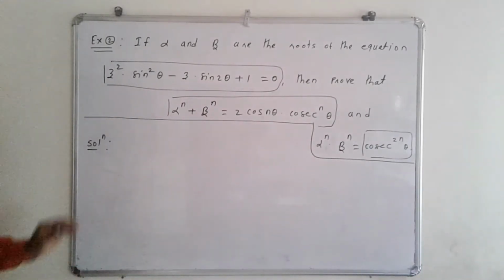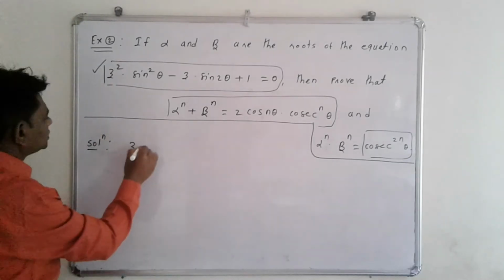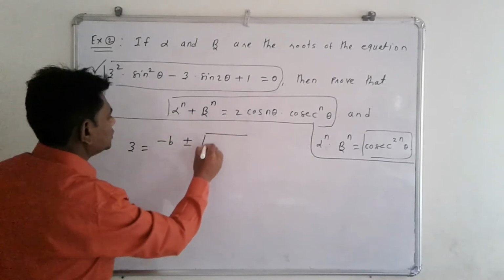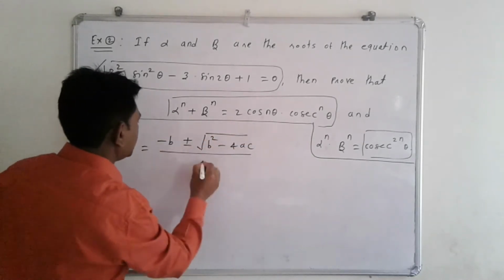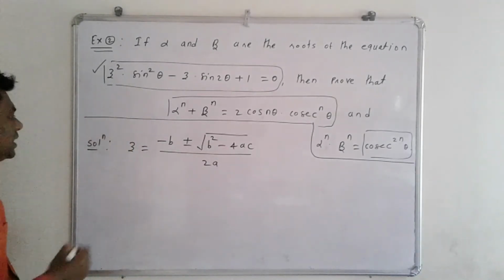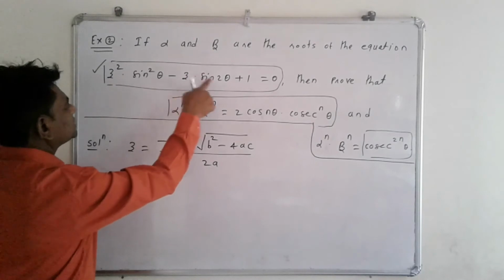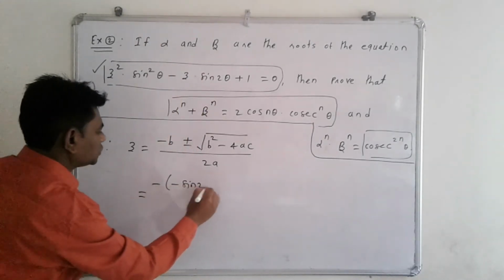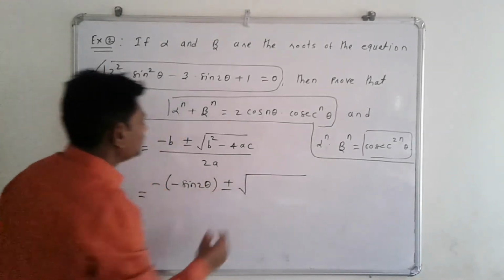Now solution. First we solve this given quadratic equation. Here z is equal to minus b plus or minus root of b square minus 4ac, divided by 2a. Now here b is minus sin 2 theta, so minus b is sin 2 theta, plus or minus root of b square.